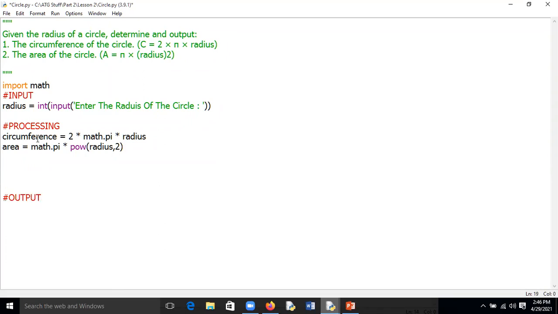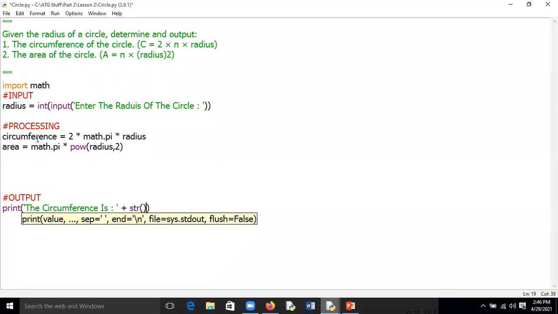And we're going to have 2 statements. We're going to have print the circumference is, and remember circumference is a float. We have to make it a string to output it.